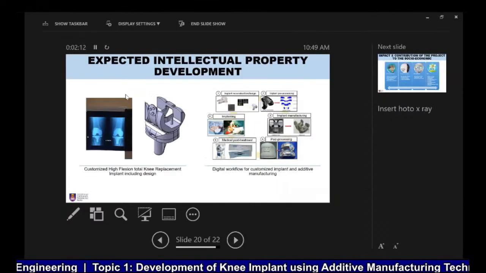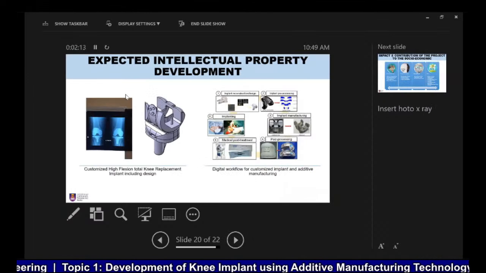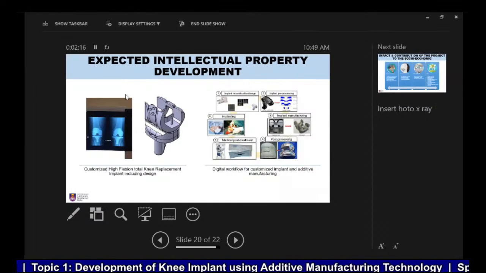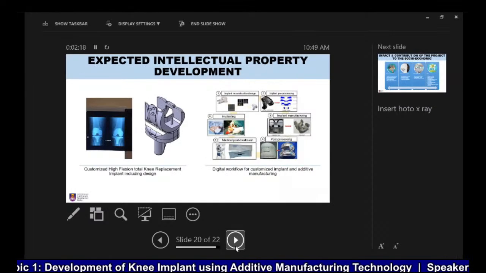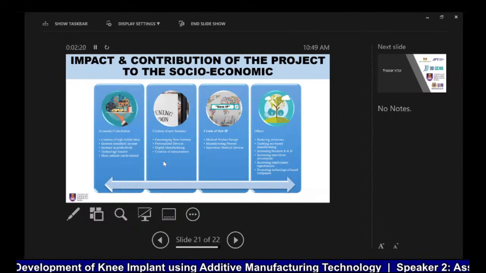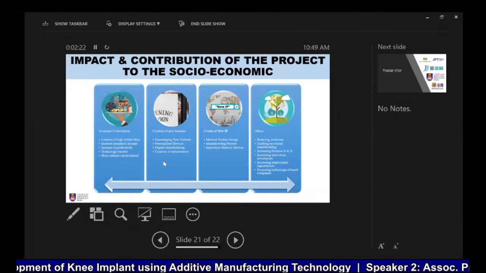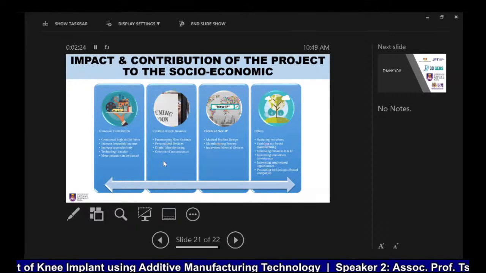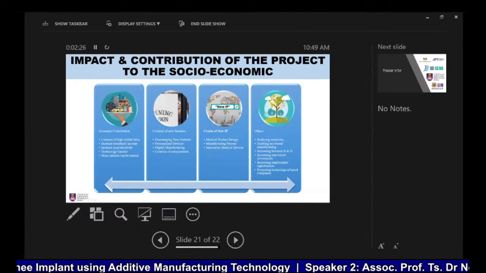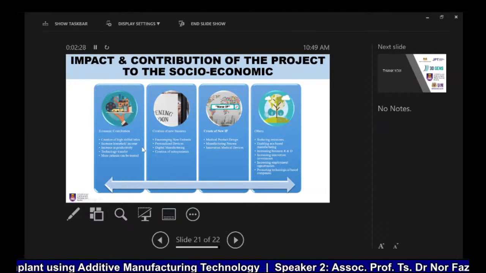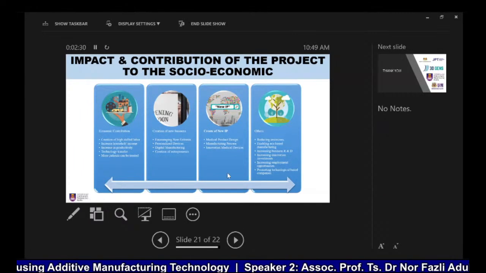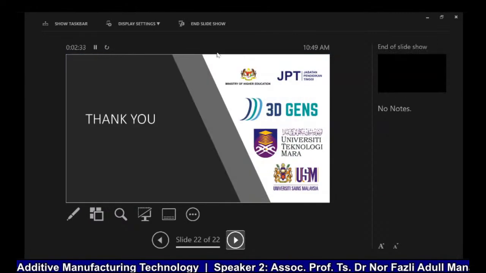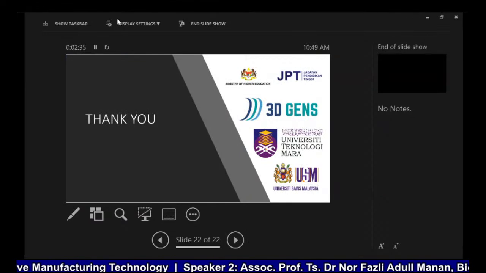As I mentioned, the expected IP is the customized implant and the digital workflow. What will be the impact? The impact is in terms of economic contribution. We'll create new business, new IP and others. I don't want to elaborate more. Thank you very much, that's all from me, Dr. Afzan. Back to you.